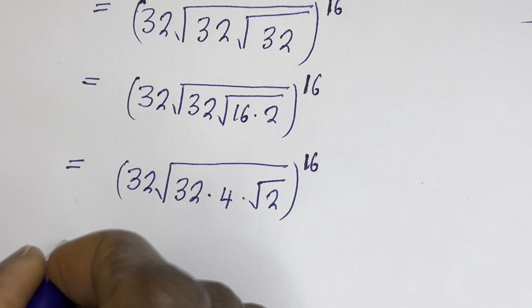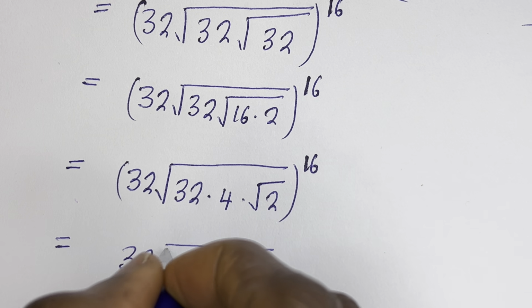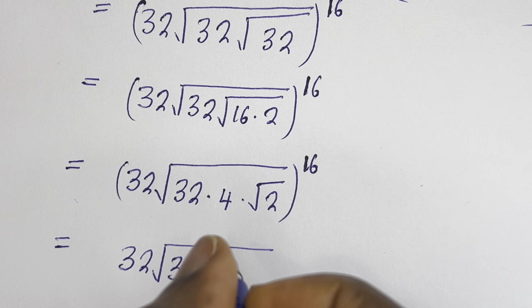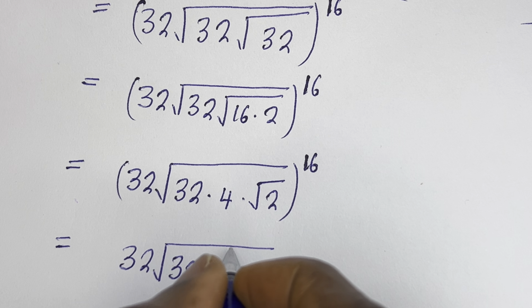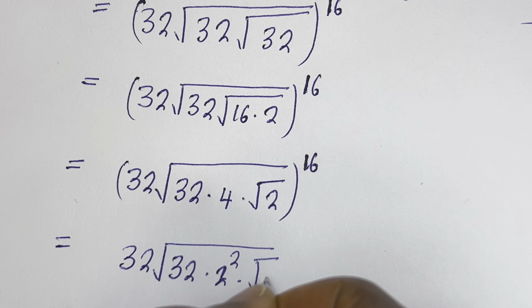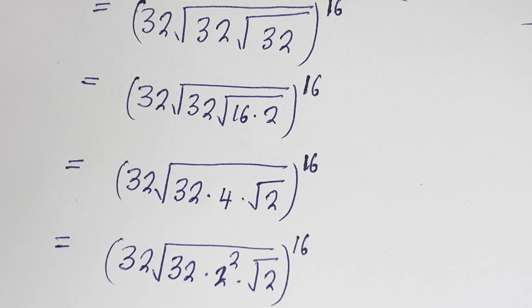This is the same thing as 32 square root of 32 multiplied by, then square root of this 4 can be written as 2, multiplied by square root of 2, all to the power of 16.